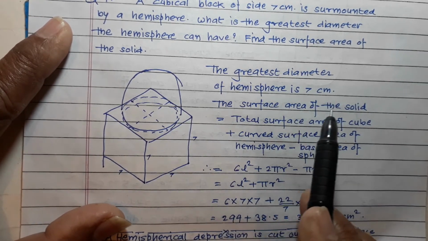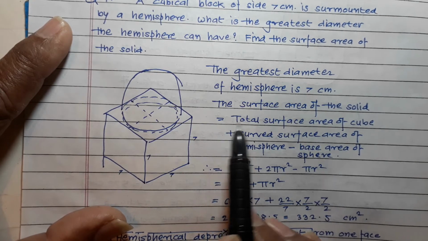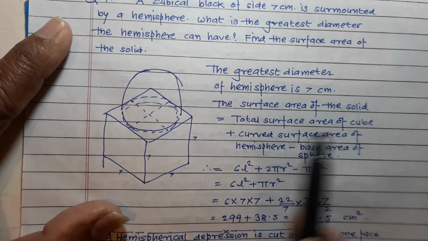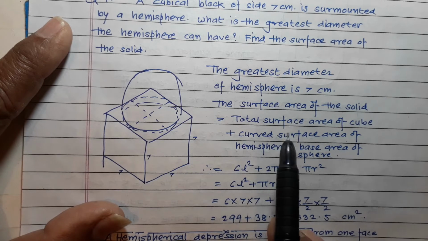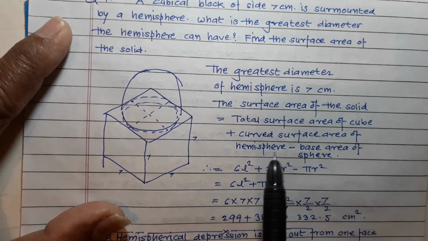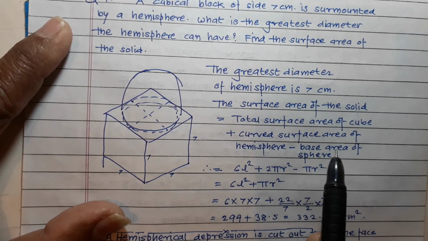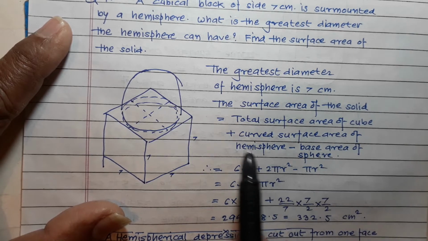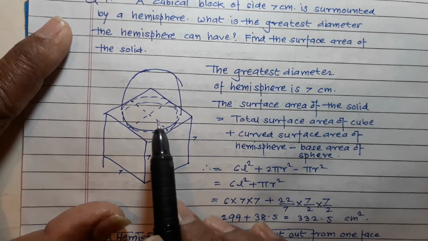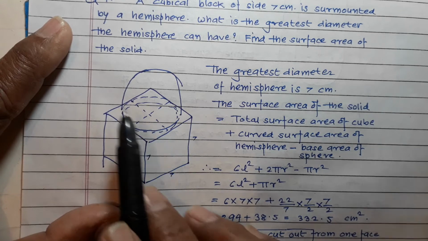The surface area of the solid is equal to total surface area of cube plus curved surface area of hemisphere minus base area of the hemisphere. This is very important, because the base is not affected.